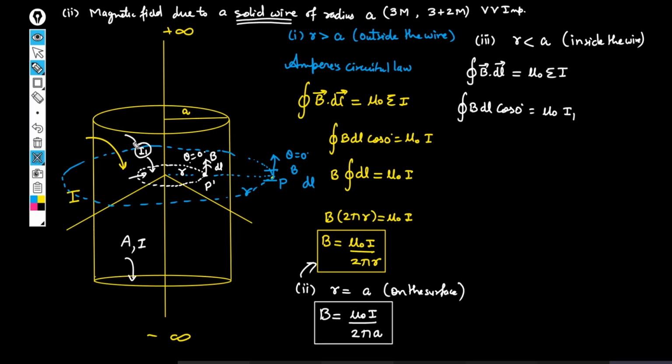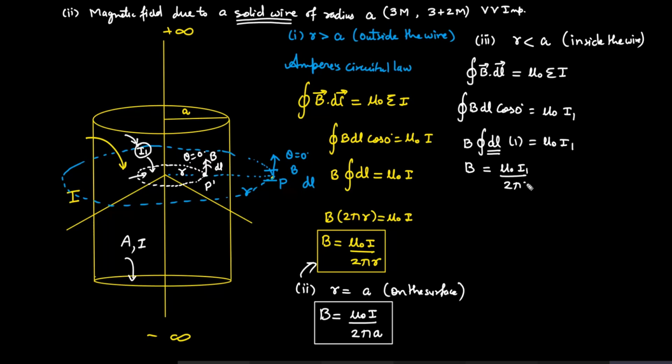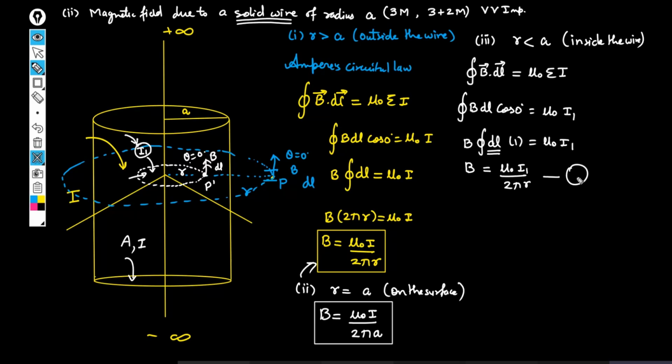You see I have mentioned here, it is I1. Again the magnetic field is uniform, constant, integration of dl cos 0 is 1, mu naught I1. So the magnetic field here is mu naught I1 upon, and integration of dl will be 2 pi r. Let's say this is the third equation.